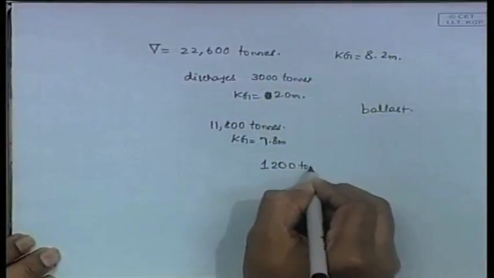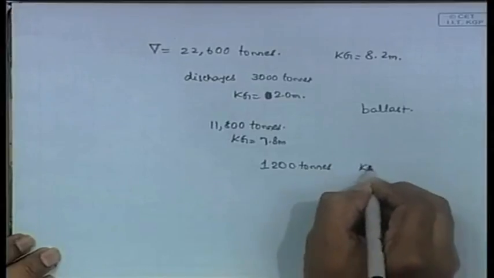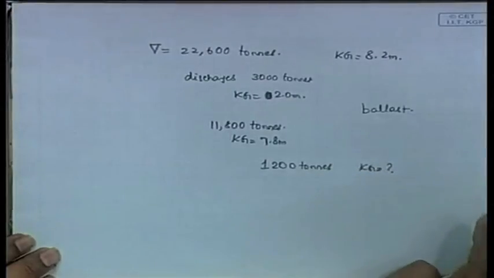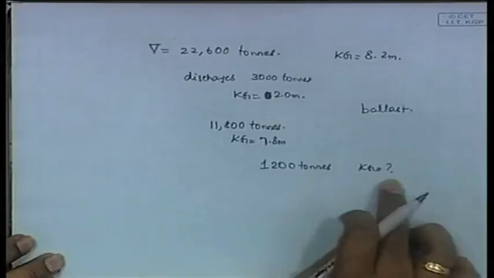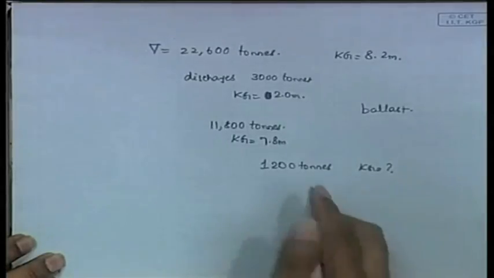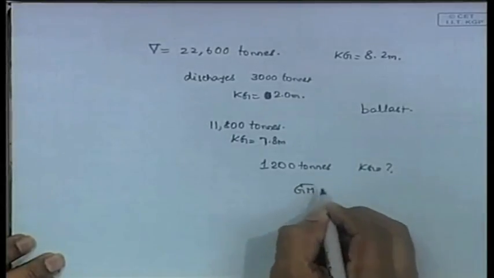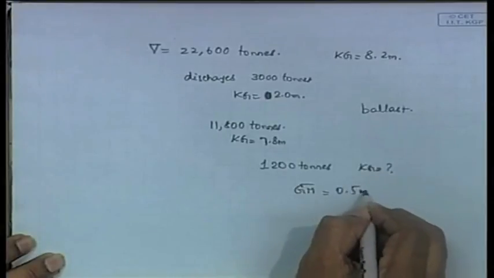Now you are told that you need to add a further 1,200 tons somewhere with a KG of something. This is what you have to find, and you are told that GM has to be at least 0.5 meter.